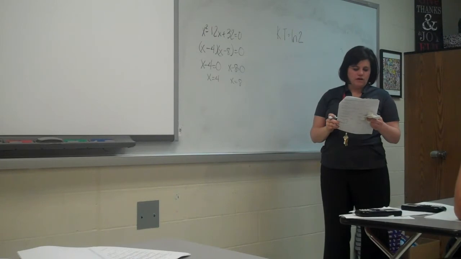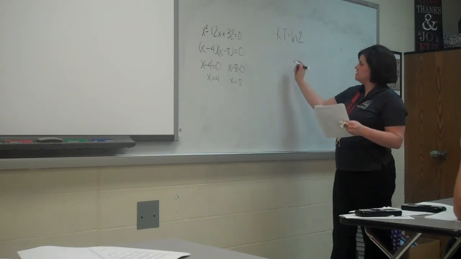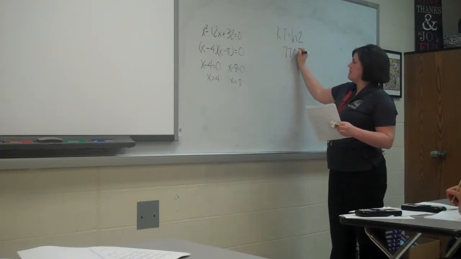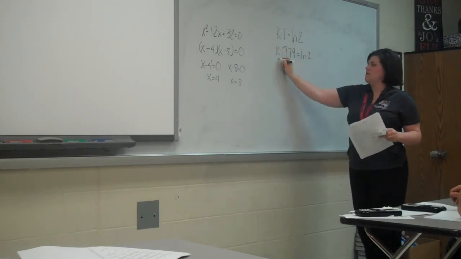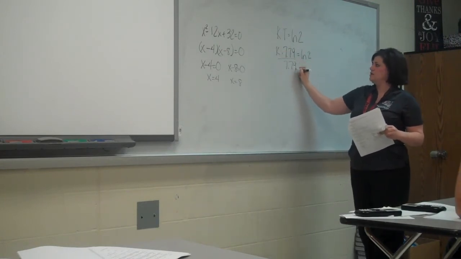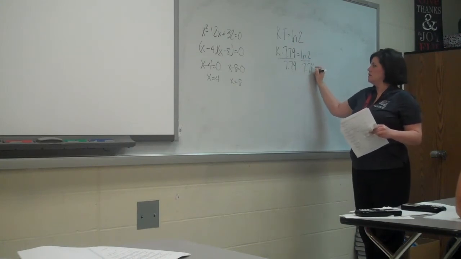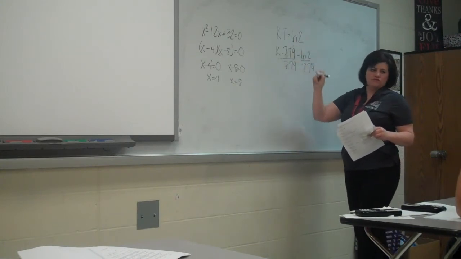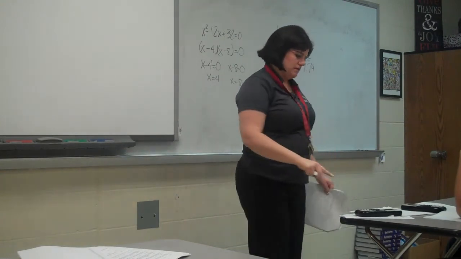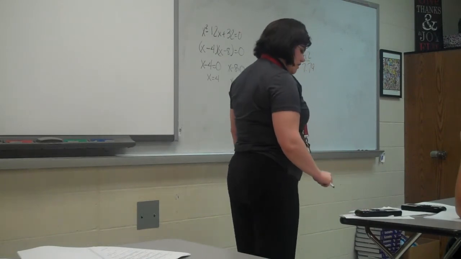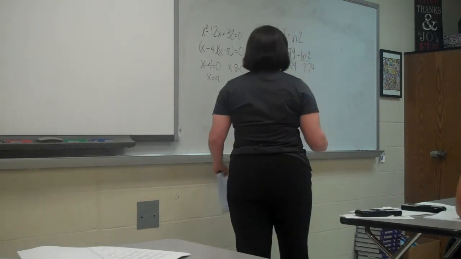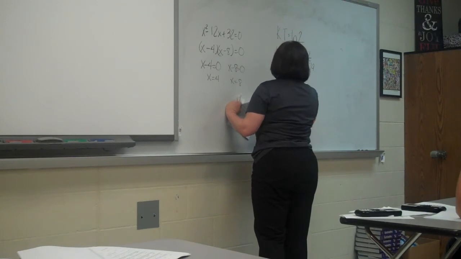If the population of a certain country doubles in 7.79 years, that's the T. Divide by 7.79, and that should give you the rate. Natural log of 2 divided by 7.79, and I get 0.0889, so that'd be 8.9%.